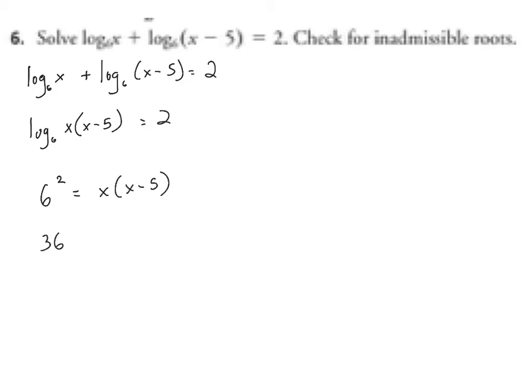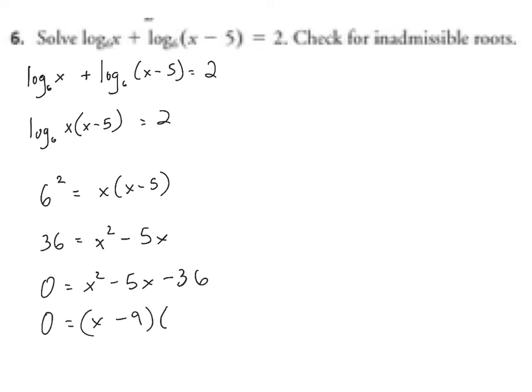So 36 equals x squared minus 5x. Let's bring everything to the right. So we got 0 equals x squared minus 5x minus 36. I'm going to say this is x minus 9, x plus 4. Okay, so equals 0. And so that is x must equal 9 or negative 4.